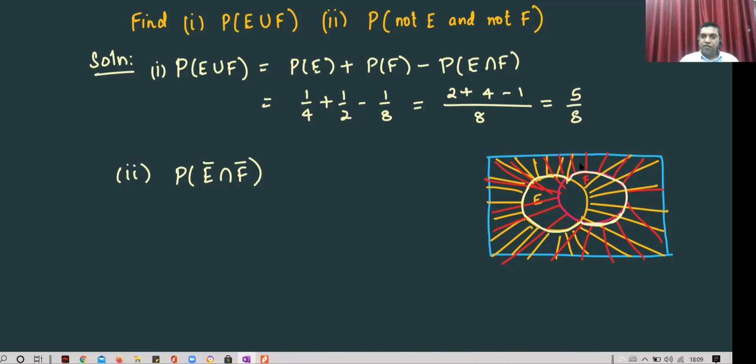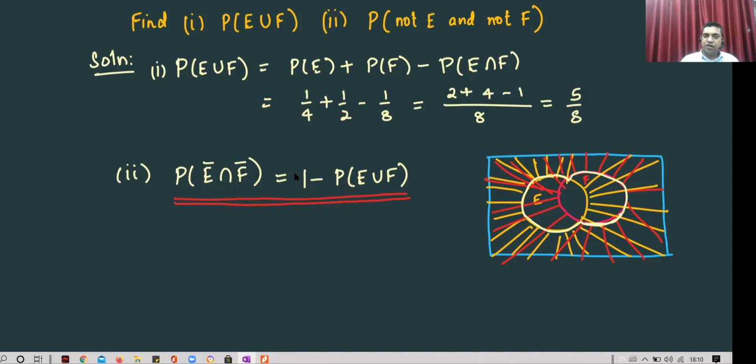So not E, not F means this region which is outside, which is same as 1 minus P of E union F. This is an important result in probability. Probability of not E intersection not F is 1 minus P of E union F. Why 1?